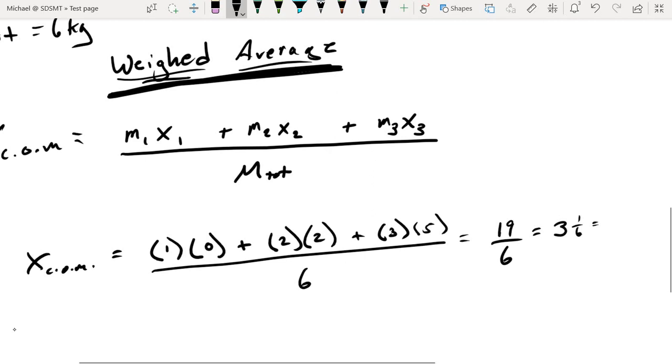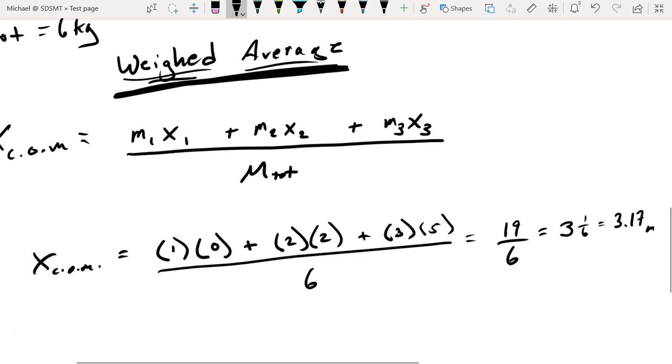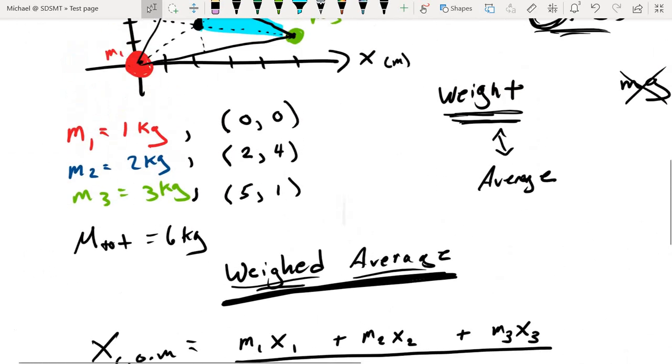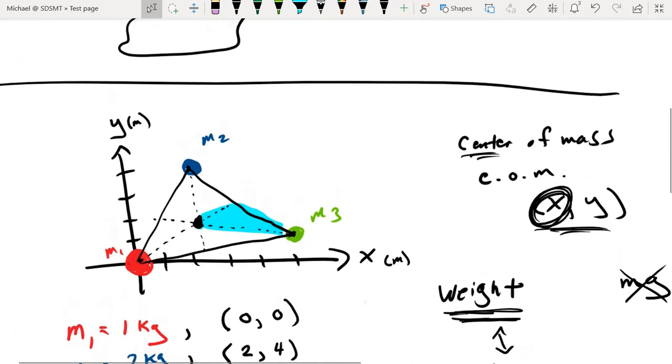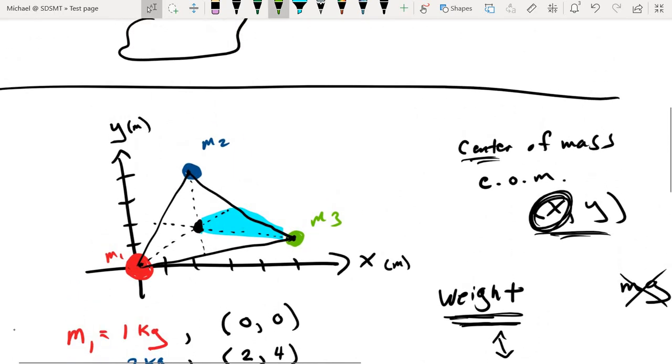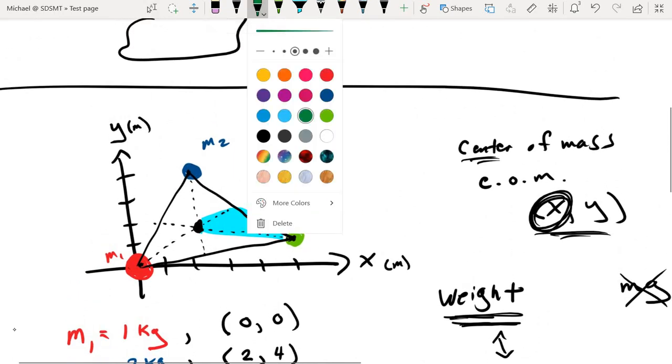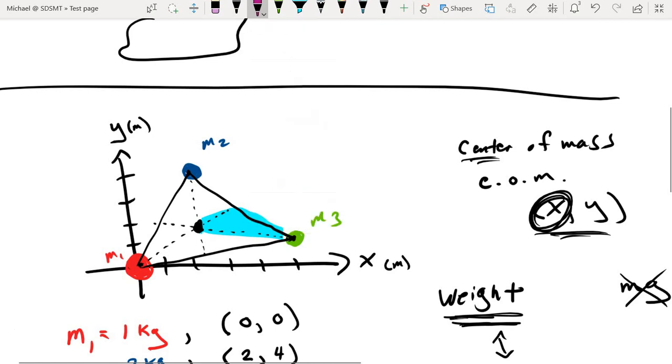It's going to give us 3.17 meters. So 3.17 meters. If we come back up to our diagram and we draw in a line on the x-axis at 3.17 meters.